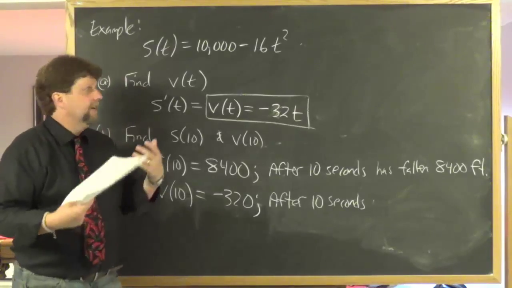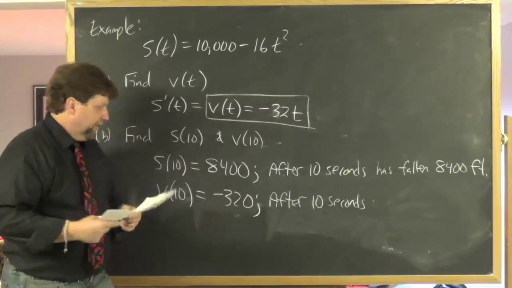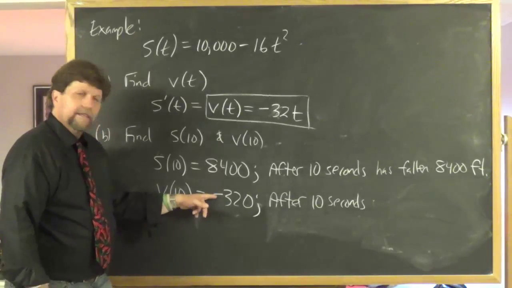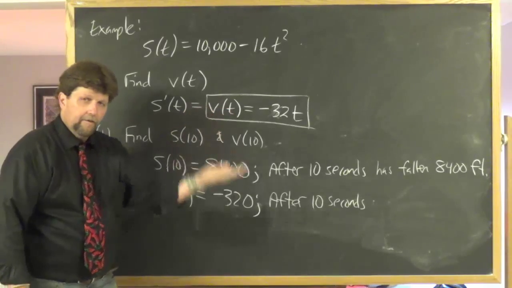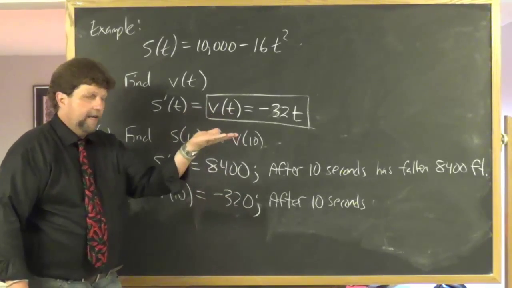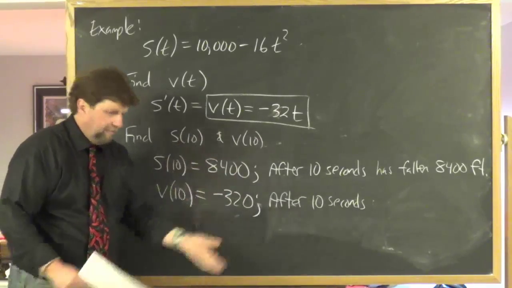Now velocity, this is a derivative. We need to see units. But the first thing I'm going to notice is this negative. That negative tells me the raindrop is falling. It'd be really odd if the raindrop didn't keep falling. But it tells me the raindrop is falling.